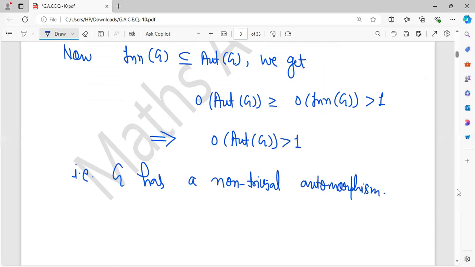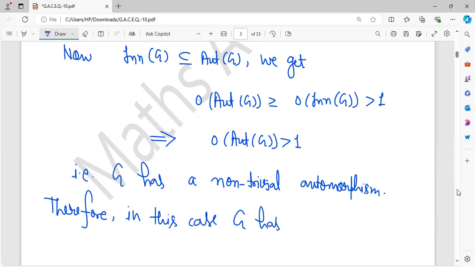And therefore, in this case, G has a non-trivial automorphism.